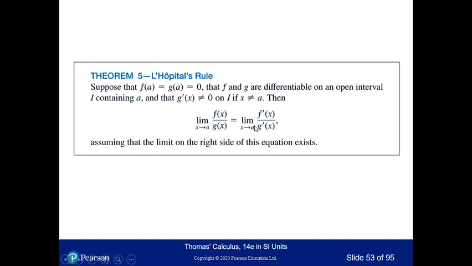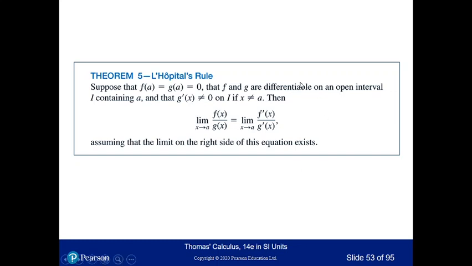And let's say we do this and we put a again, and if we still get 0 over 0, we take one more time derivatives of the numerator and denominator, and we apply L'Hopital's rule one more time. Okay. You can do it as many times as you can, as long as you have a 0 over 0 situation.